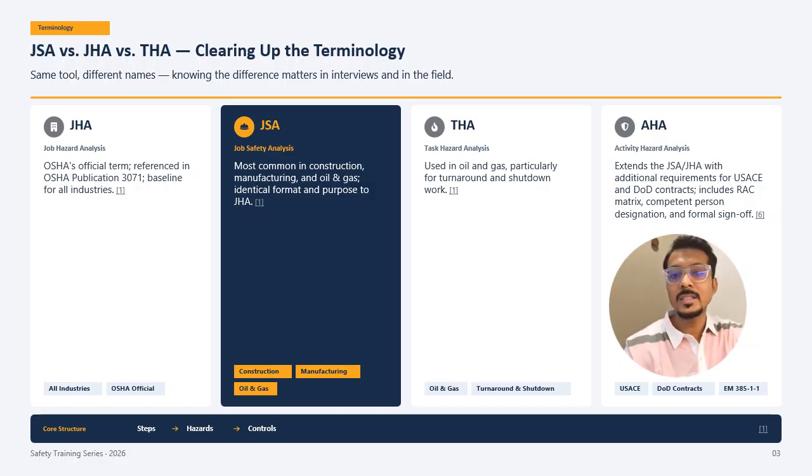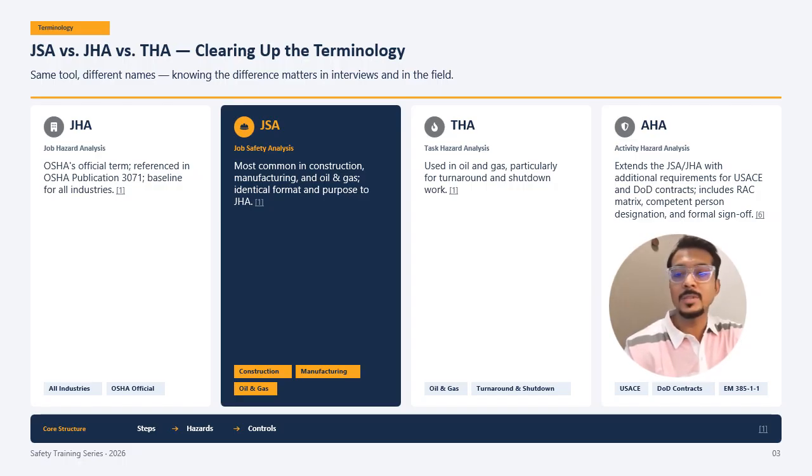THA, what is THA? The task hazard analysis. It is used particularly in oil and gas, especially for turnaround and shutdown work. What is turnaround, what is shutdown? It's a task. If that specific task is required, then THA is used.